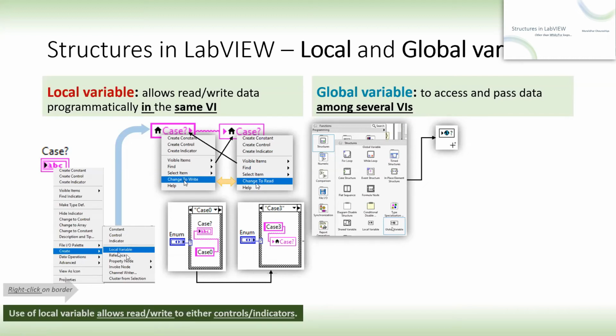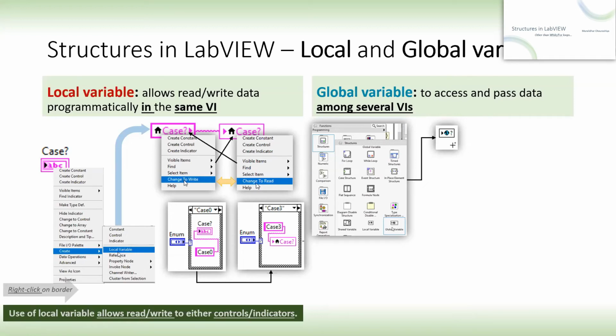But you should remember that this local variable, as the name suggests, is only available locally in that particular VI. It means if I create a local variable here, I will use it only in that VI, not in another VI. But if you want one variable in three different VIs, you can define a global variable.